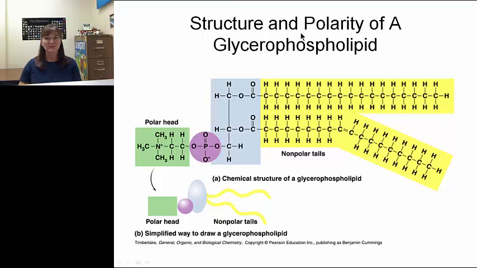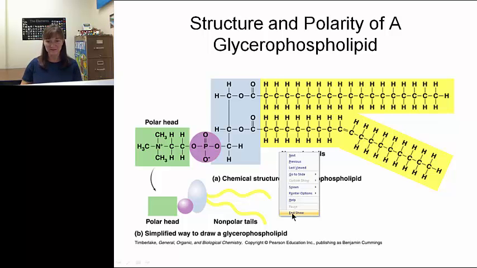So the structure and polarity of a glycerophospholipid. I just talked about this before. What I want you to see though is right here, we often symbolize a glycerophospholipid as just having a polar end with two tails. If you remember the soap molecule, the soap molecule had one polar head and one nonpolar tail.